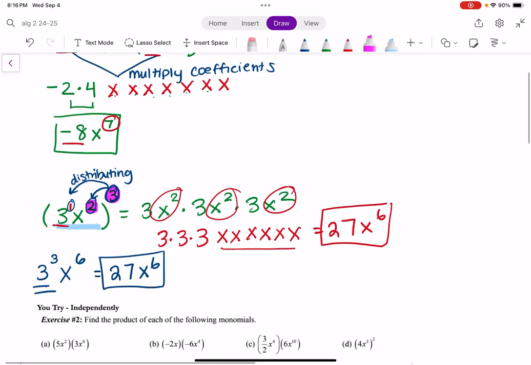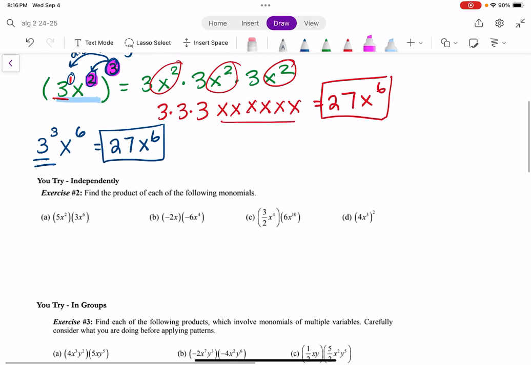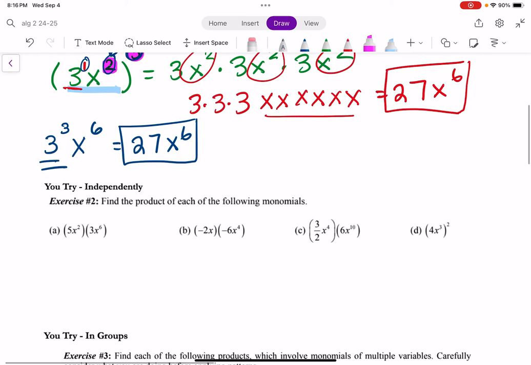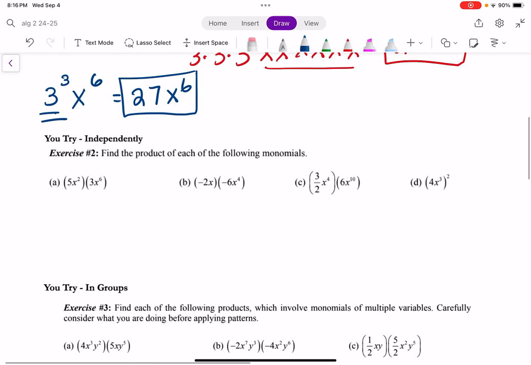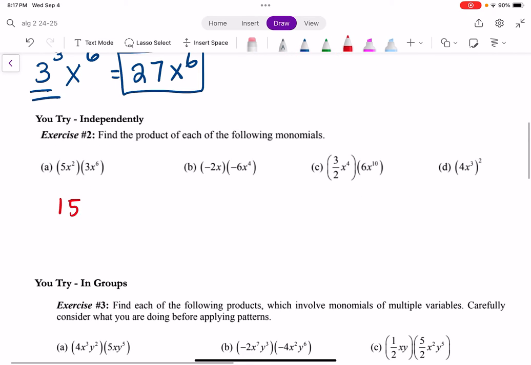Okay, so if you have the guided notes, it's already written out for you. If you're doing it on loose leaf, try these 4 questions right here. Pause the video right now, try the questions. Okay. So I'm just going to quickly write the answers. You should have gotten 15x to the 8th, 12x to the 5th, right?